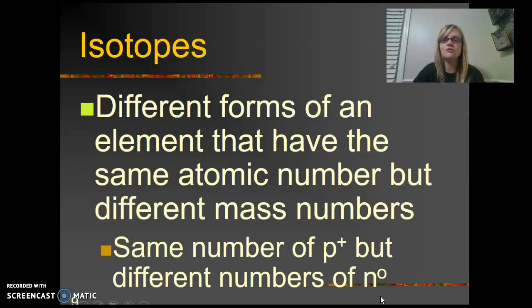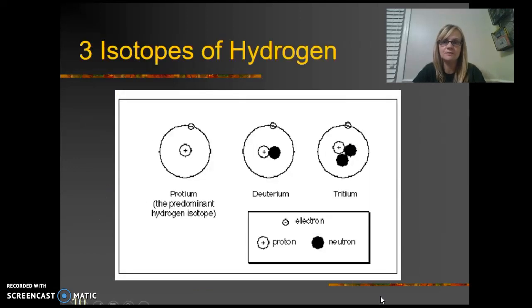So I'm going to show you guys a picture of an isotope. Here's hydrogen. Hydrogen has 3 isotopes found in nature. I have my positive proton, and if I look at my periodic table, hydrogen is number 1, so that tells me there's 1 proton. Any more protons than that, it is no longer hydrogen.